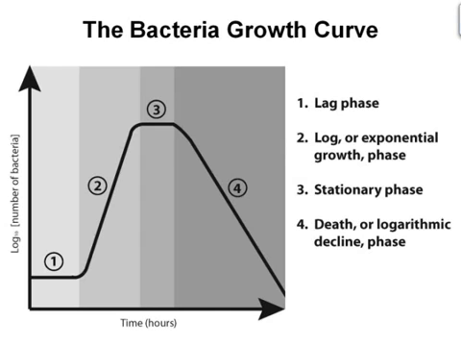Numbers 1, 2, 3, and 4 represent lag, exponential, stationary, and death phases, respectively. During lag phase, bacteria monitor their environment and adapt themselves to growth conditions. This is the period where the individual bacteria are maturing but are not able to divide.